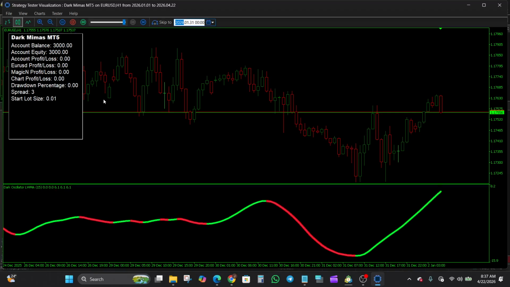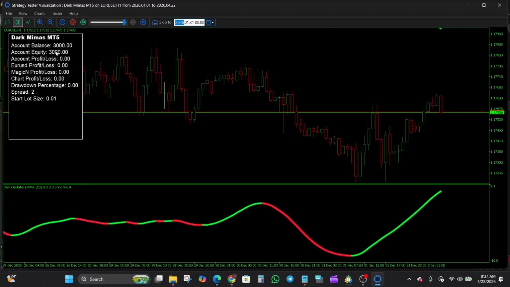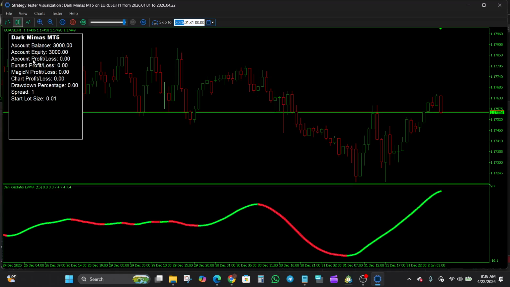Okay, so we can also see some important info here: the account balance, the equity, account profit and loss, the Euro USD profit and loss, right? If you are trading on different pairs, each pair will have its own profit and loss, right? So in addition to displaying the general account profit and loss, the EA is also showing you the profit and loss for that specific pair on which you are using the expert advisor, right?